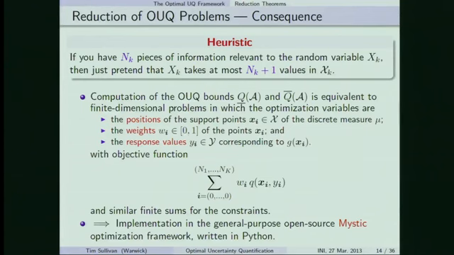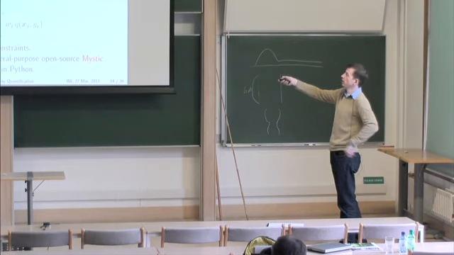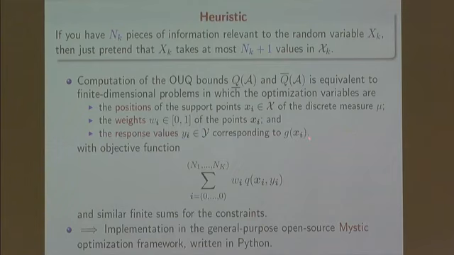And just to keep the heuristic up one more time, this means that computing these optimal bounds on the quantity of interest, the lower bound and the upper bound, is just equivalent to solving these finite dimensional problems in which your optimization variables are the positions of those discrete support points, the weights that you've given to them, and, in case you don't have a single forward model, what might reality do, what value y_i might reality take at the input point x_i.